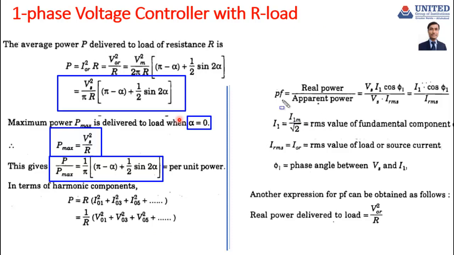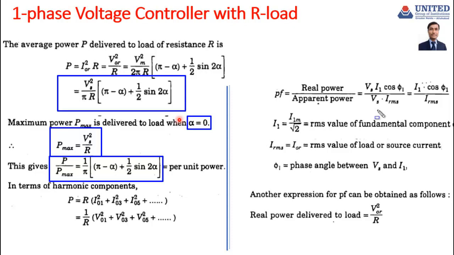Now the power factor will be equal to real power upon apparent power. Therefore, real power will be equal to Vs I1 cos φ1, where I1 is the fundamental component of current and φ1 is the fundamental component of phase. Apparent power will be equal to Vs times I RMS.